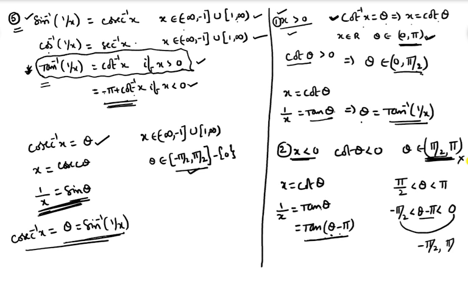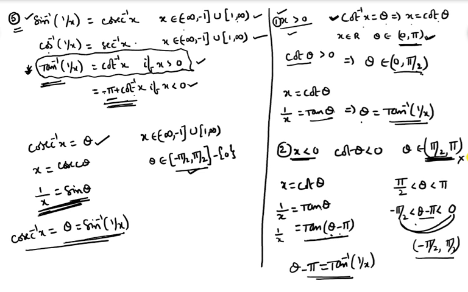What is the principal branch of tan? Tan principal branch is minus pi by 2 to pi by 2. Here we got from minus pi by 2 to 0, which is a subset of this set. That's why we can write theta minus pi is equal to tan inverse of 1 by x.